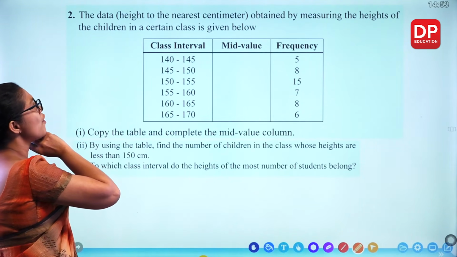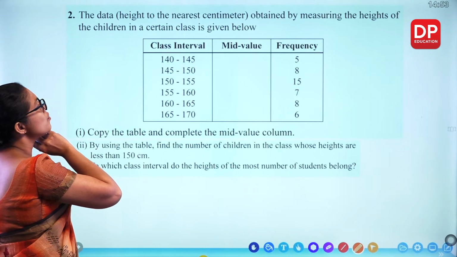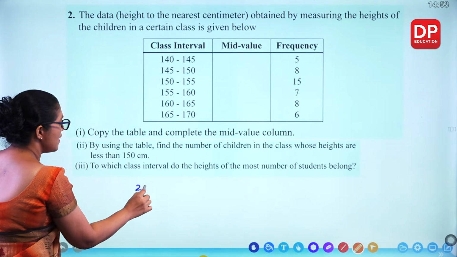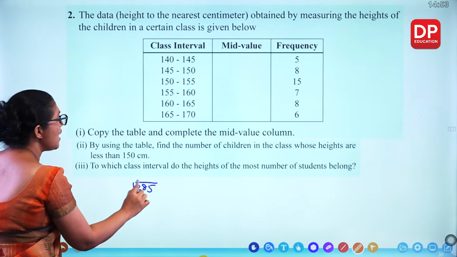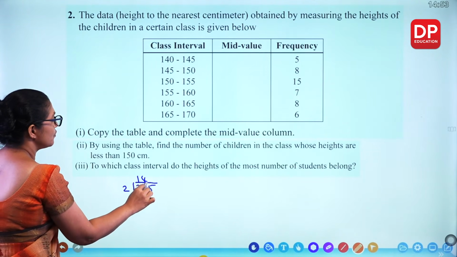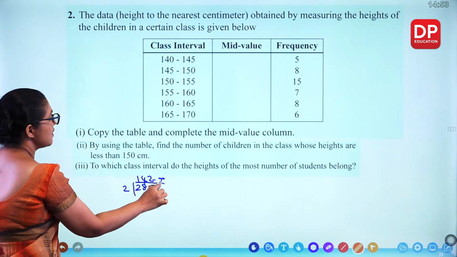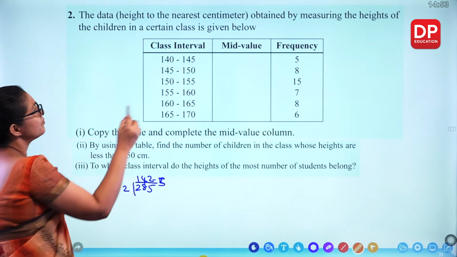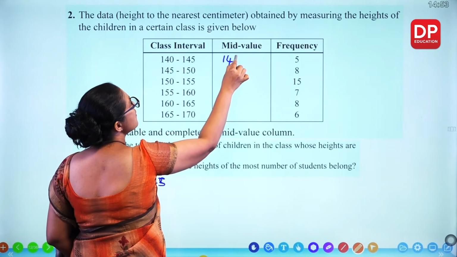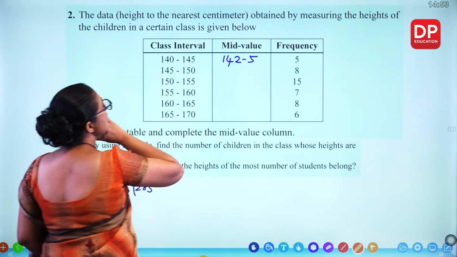140 plus 145, you get 285. 285 divided by 2, you get 142.5. So I can write this one as 142.5.